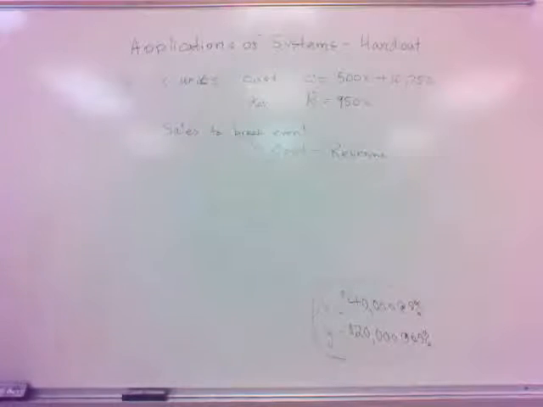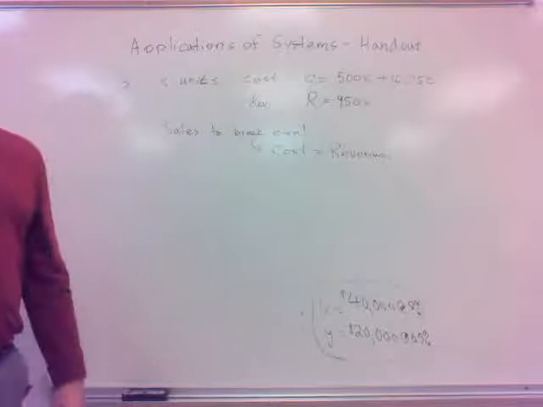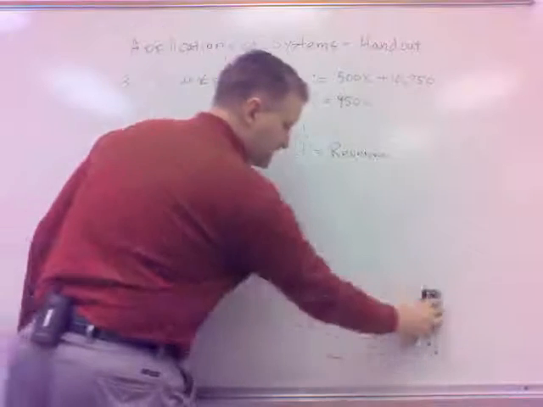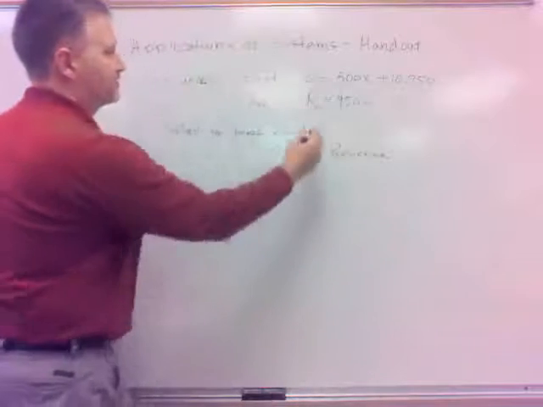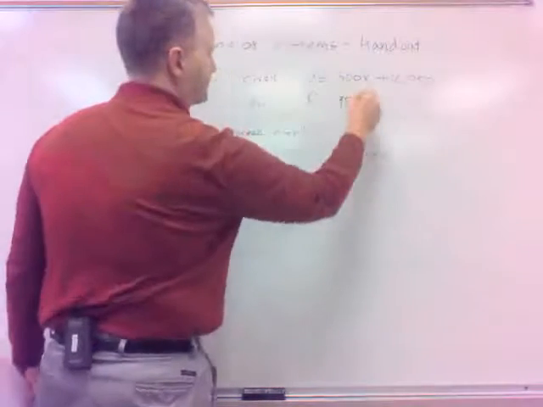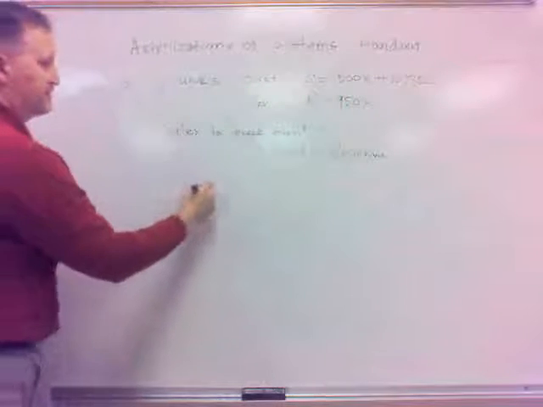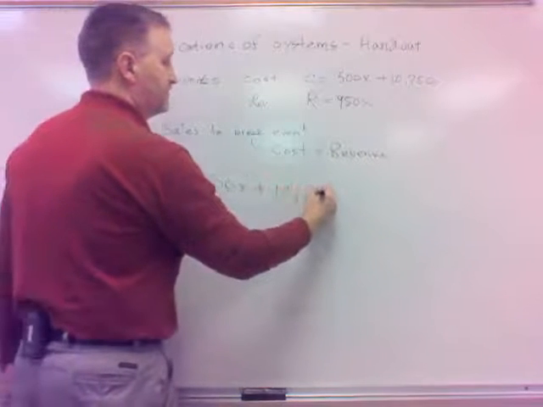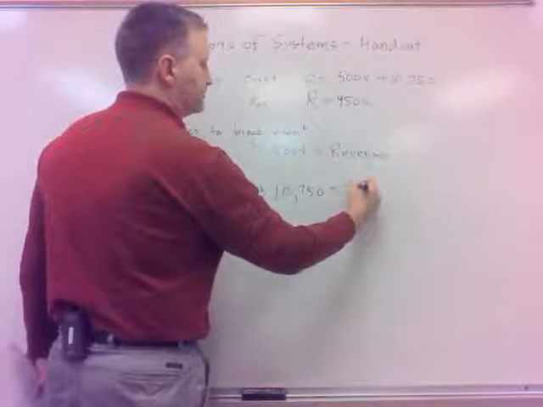We do have two equations there, so technically this is called a system. But what we're looking for at break even is where the cost equals the revenue. So we just set 500X plus 10,750 equals 950X.